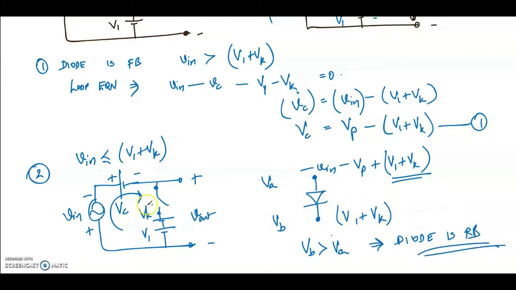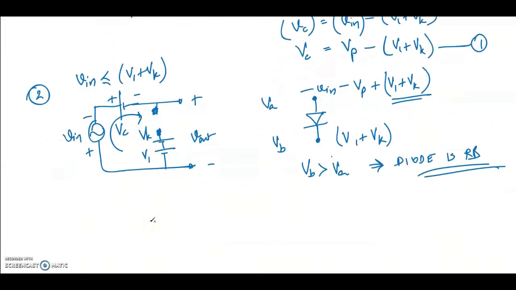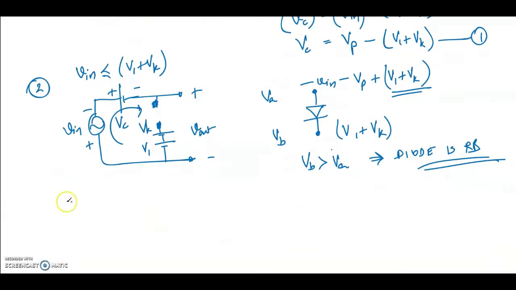Now the diode is reverse biased, meaning the switch is open. If the switch is open, we will not consider this arm at all when we write the loop equation. Let's do that. Write the loop equation. Let us not consider this arm because it is open circuit. This is Vc.